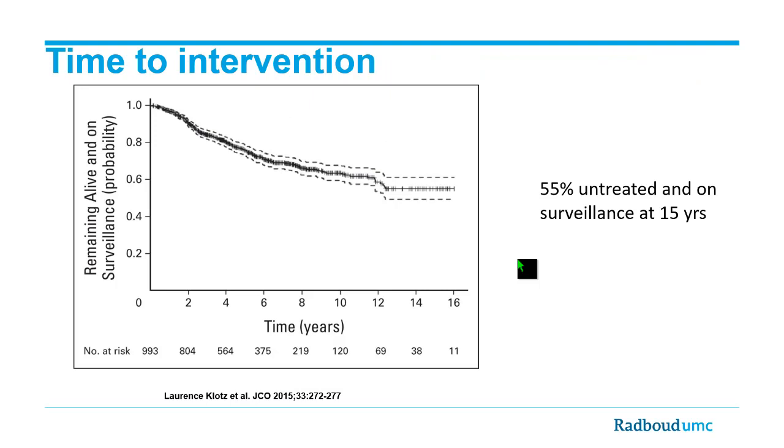Time to intervention is also important, because some patients prefer to postpone the active treatment as long as possible, but you also have patients who prefer to get rid of the cancer because they don't like the idea of having cancer. But around 55% will be untreated after initial diagnosis. So 55% will not be operated. They will still stick to active surveillance after 15 years, and that's a high number.